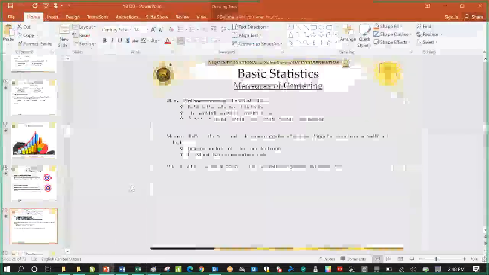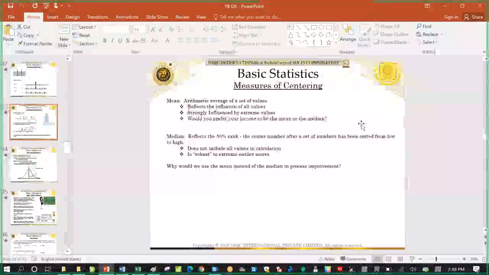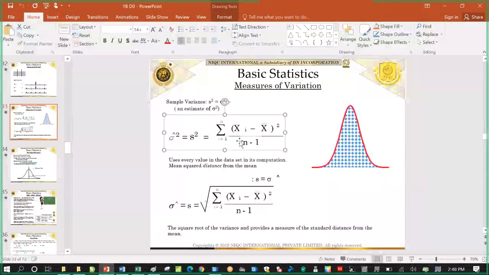Let me see if the formula is already there, then I don't have to write it. Okay, good. The formula is there. So this is the variance formula, and this is the standard deviation formula.